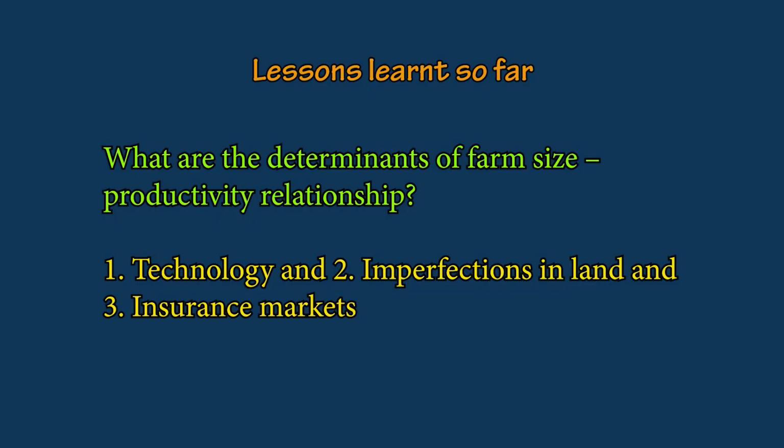Now, what we have learned so far? We started with finding out the relationship between farm size and productivity. What do we find? We find that the relationship between farm size and productivity is controlled by three factors: technology, imperfection in land and insurance markets.